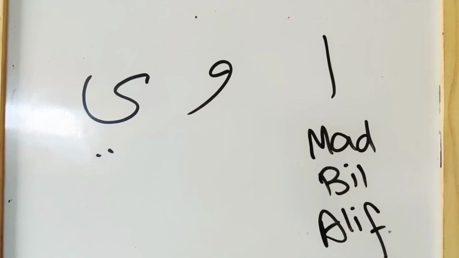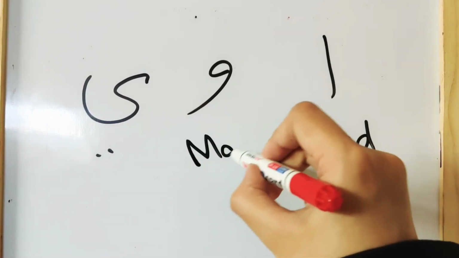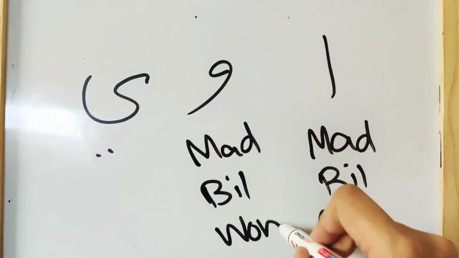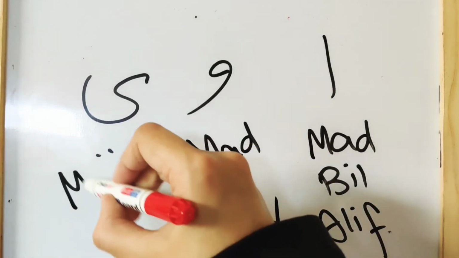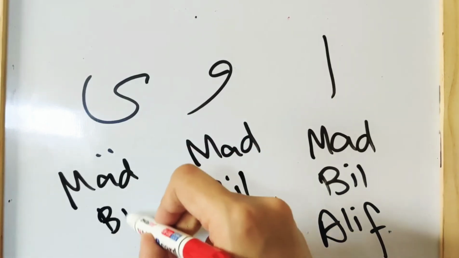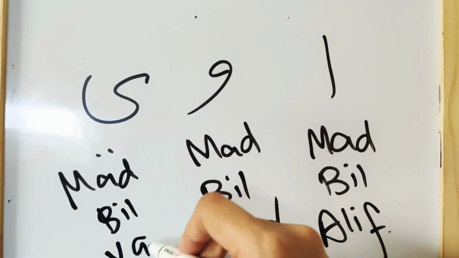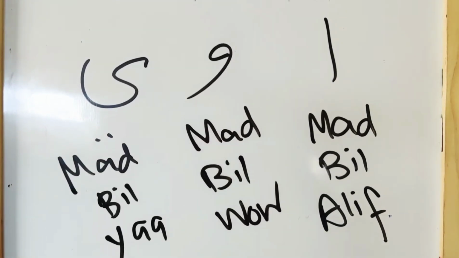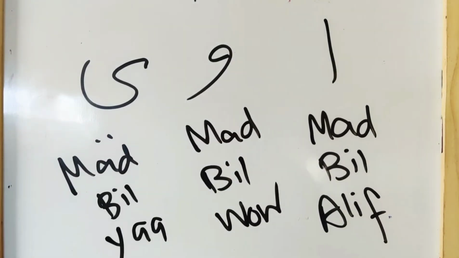Mad bil alif. This is today's lesson. Mad bil alif, mad bil waw, and mad bil ya. Those are the long vowels. We're gonna use them in words to understand them further.